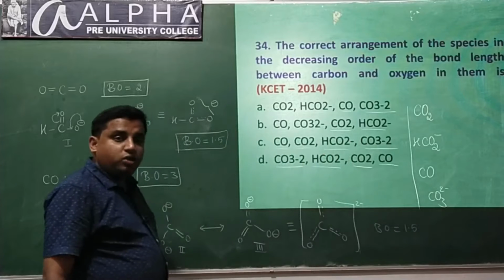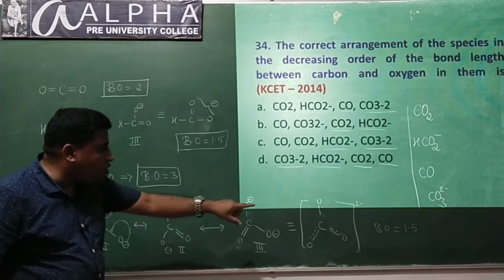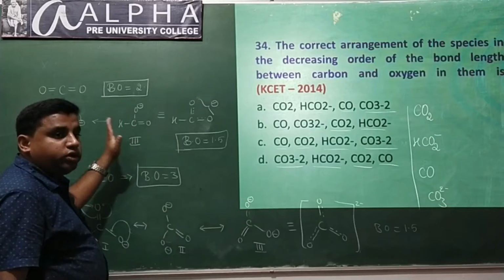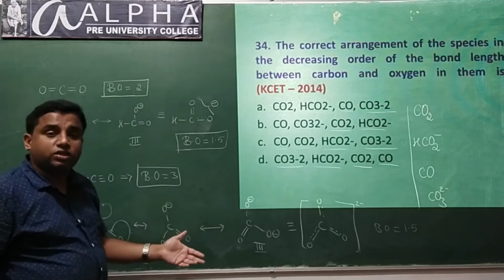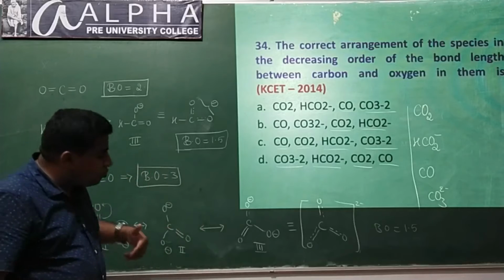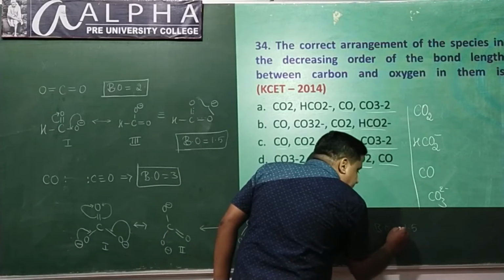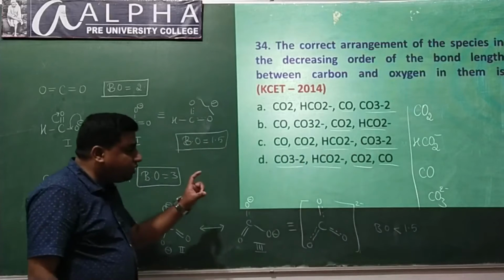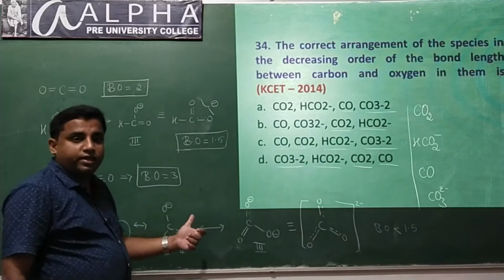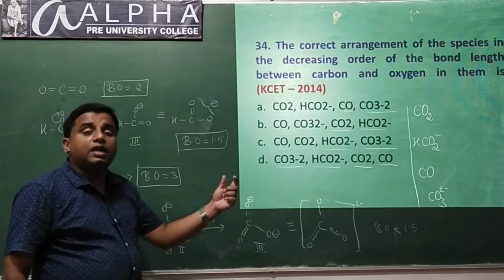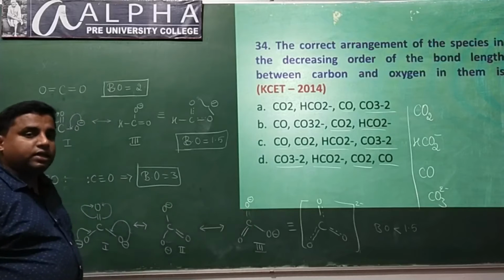But here also the bond order is 1.5, though that has only 2 resonating structures, while here there are 3 resonating structures. More the resonating structures, lesser the bond order, so this bond order is less than 1.5.